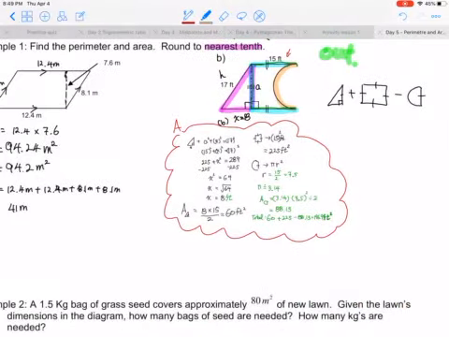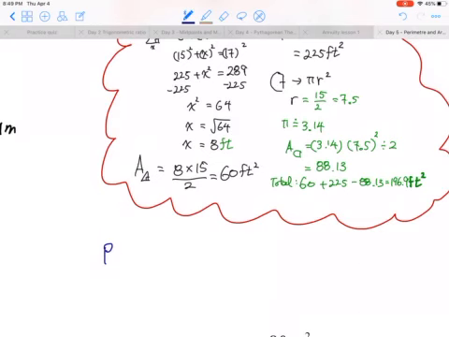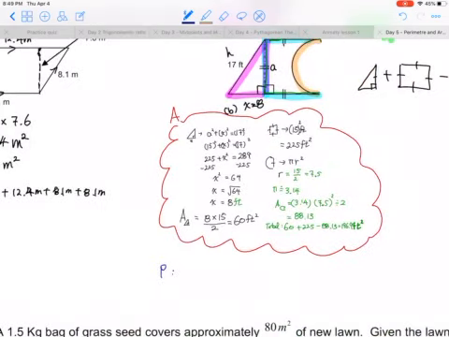So for the perimeter, I'm going to put this one in blue. So for the perimeter, it is 17 plus 8 plus 15 plus this top 15, bottom 15 part.